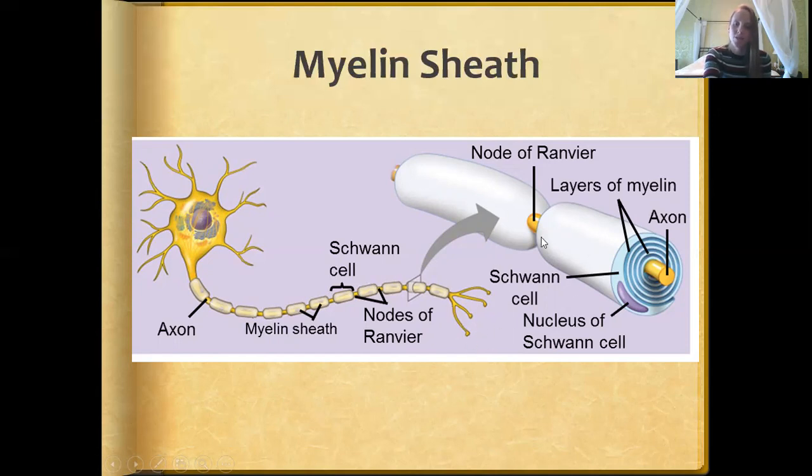This is just a zoomed in picture of what this myelin sheath would look like. Again, all of the white combined is the myelin sheath, but each individual white section is a Schwann cell. The Schwann cells, even though they are very flat and wrapped around the axon, do also contain a nucleus like most cells do.